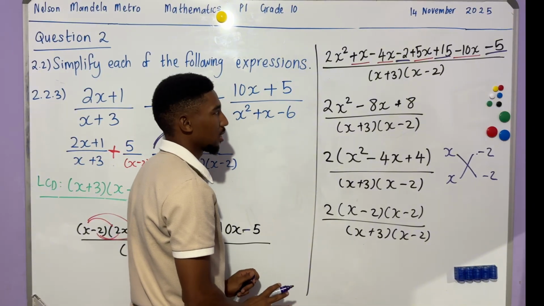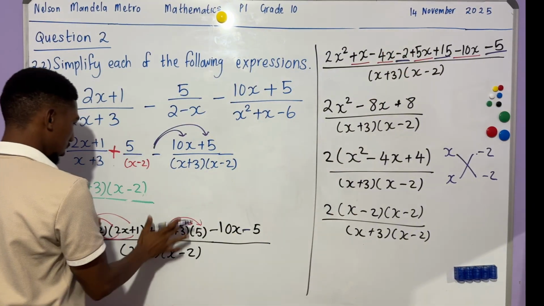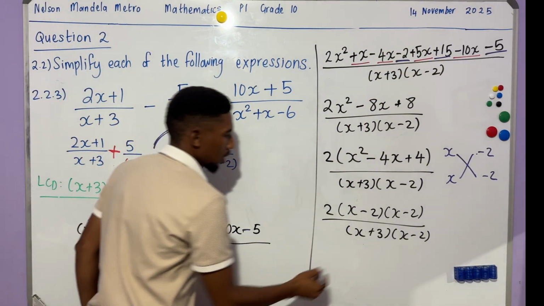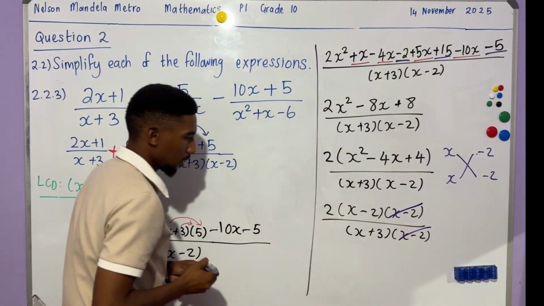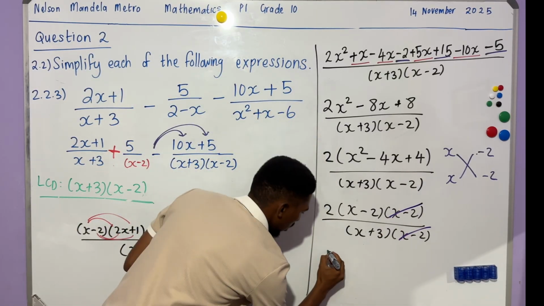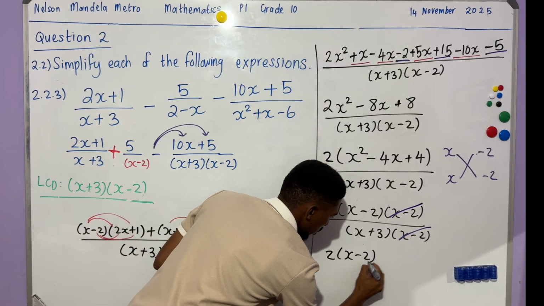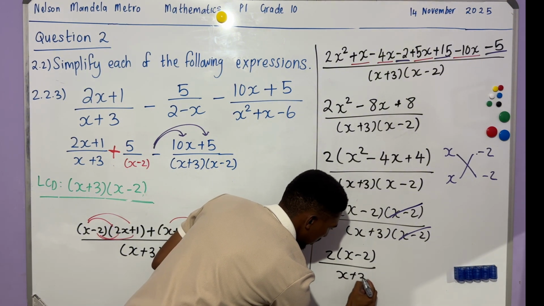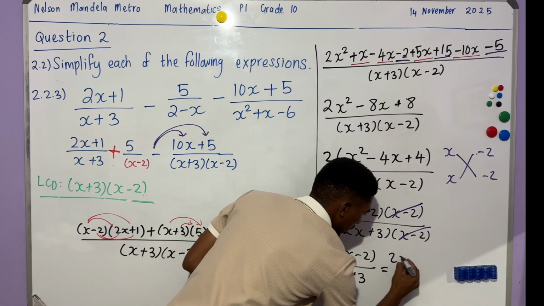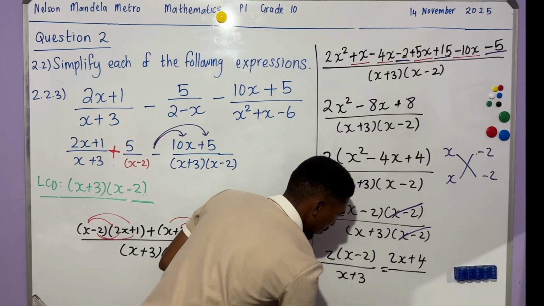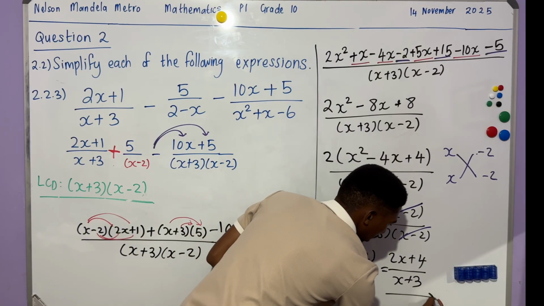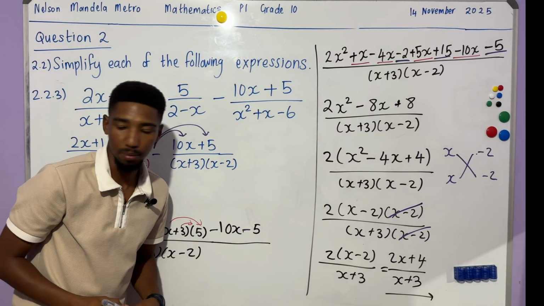I cannot cancel in these moments over here. So now I can cancel this and there, and I'm left with 2 brackets x minus 2 over x plus 3. I can go even further to say 2x plus 4 over x plus 3 is my final answer.